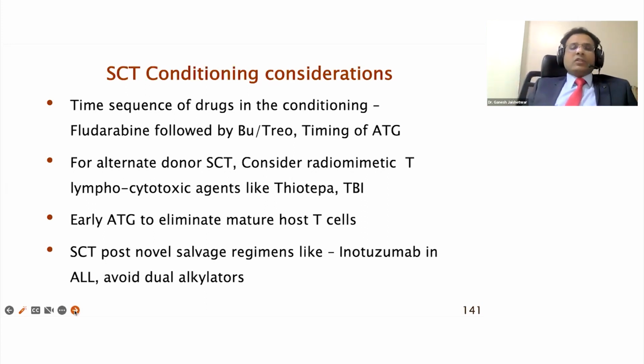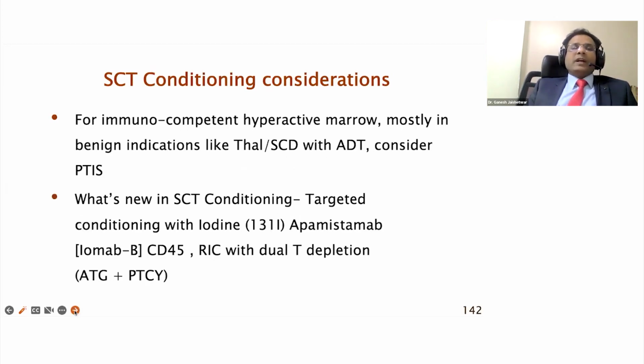Again, for post-transplant novel salvage regimens like inotuzumab in ALL, because these kinds of novel drugs are inherently hepatotoxic, you should avoid dual alkylators, otherwise the incidence of hepatic toxicity can be quite high.